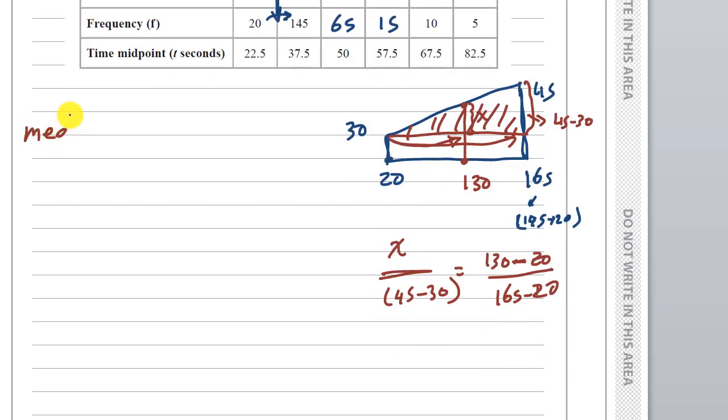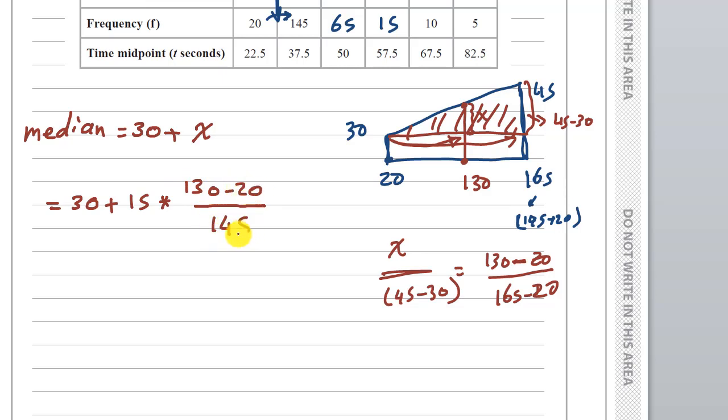So median is equal to 30 plus x. So it's equal to 30 plus 15 multiplied by 130 minus 20 divided by 145.